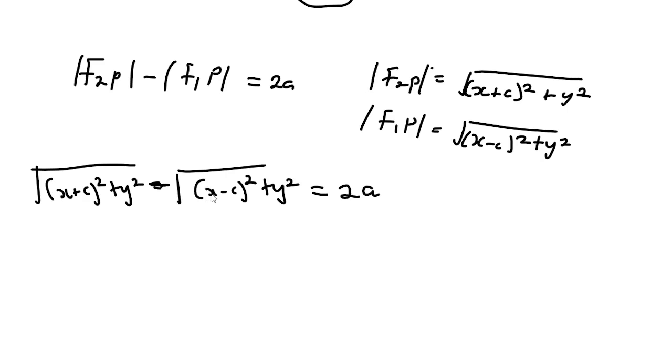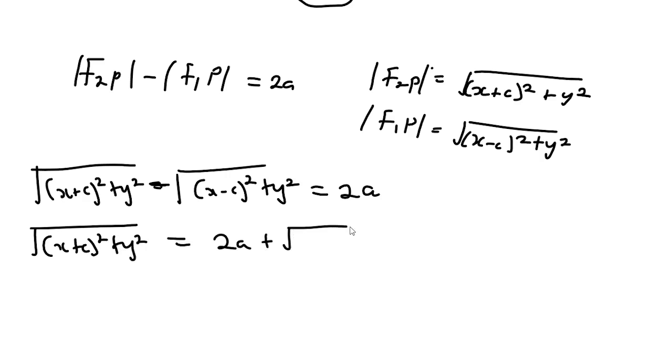Now let's take this one to the other side. So we have the root of x plus c all squared plus y squared equal to 2a plus the root of x minus c all squared plus y squared.